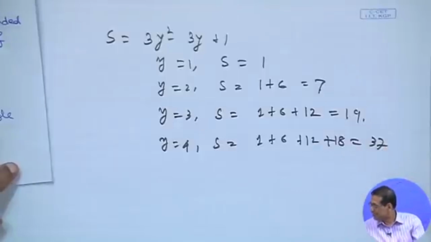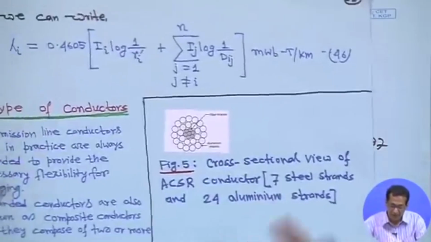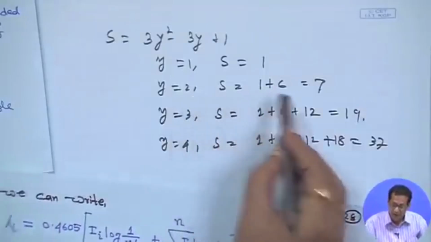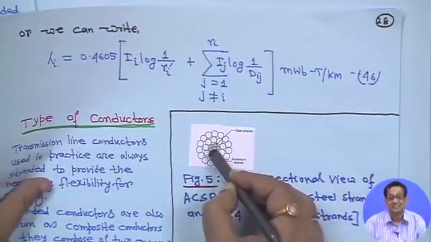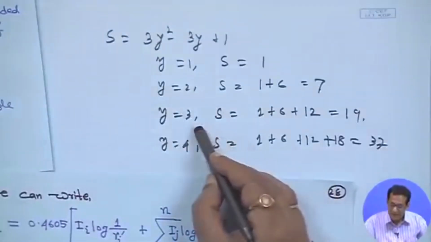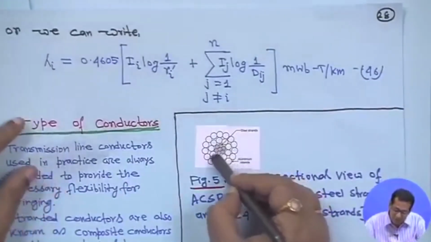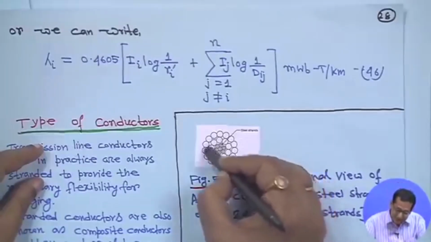That means, in this diagram, when y is equal to 1, the first is the central one, 1. When y is equal to 2, 1 plus 6 is 7, so the second layer will have 6 conductors. When y is equal to 3, the third layer will have 12 conductors, 1 plus 6 plus 12, but here the counting of 12 is not coming. So, this diagram is incorrect. Around this there will be 12 conductors.